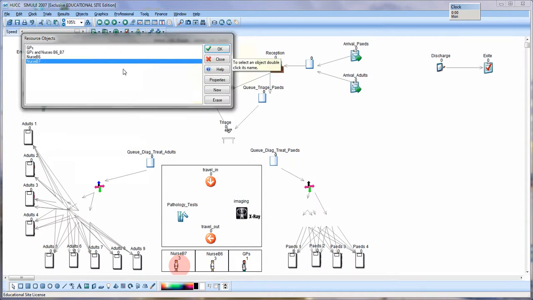This type of shift design will allow us to find an optimum number of staff in terms of adding some bank staff or agency staff at peak times.